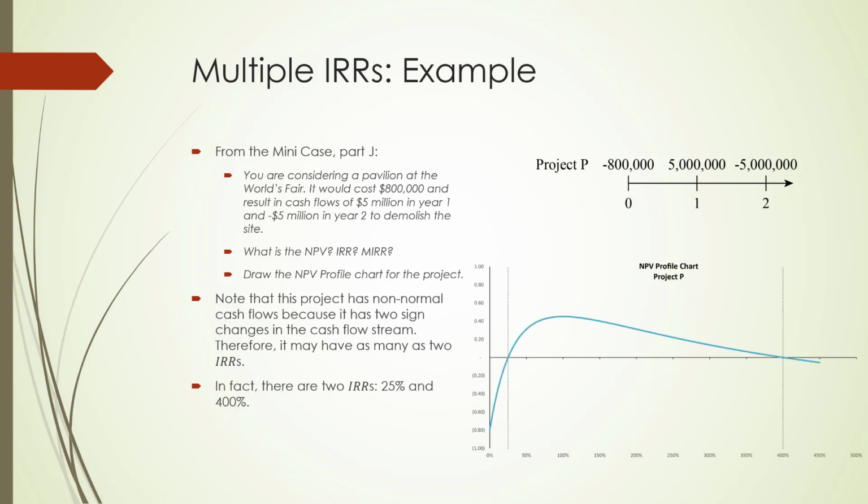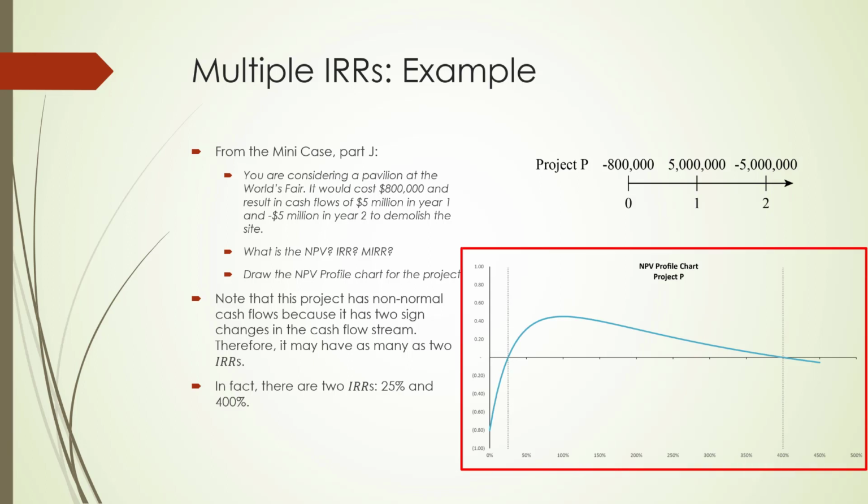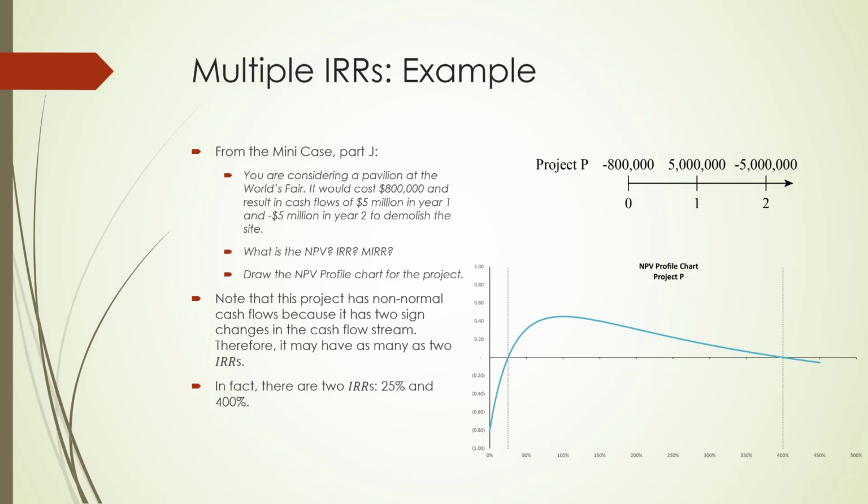And if we draw the NPV profile chart, which you can see is the blue line here, notice that it behaves oddly. If you recall earlier, we had the NPV profiles for L and S, and they were both curves, in other words, convex functions, but they were monotonic. They never changed direction. They always went down as the cost of capital went up. In this case, you see that the NPV initially rises as you increase the cost of capital.